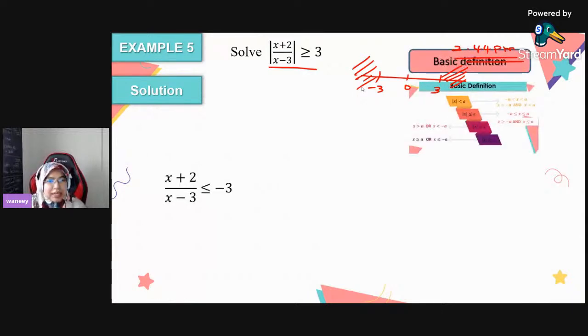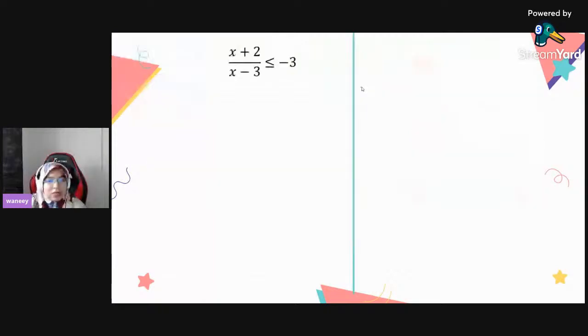The first one is x plus 2 over x minus 3 less than or equal to -3. Or another one is x plus 2 over x minus 3 greater than or equal to 3. So we have two different regions, one on the left, one on the right hand side. So let me solve the left hand side first, and then we are going to solve the right hand side later on.